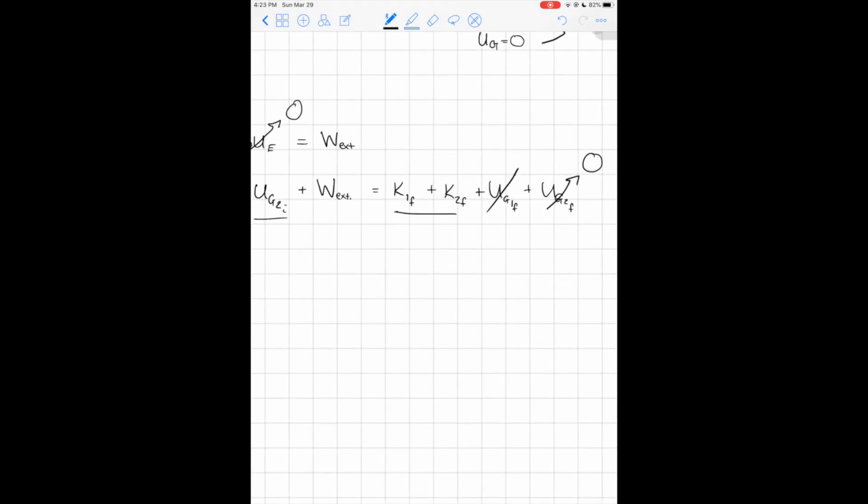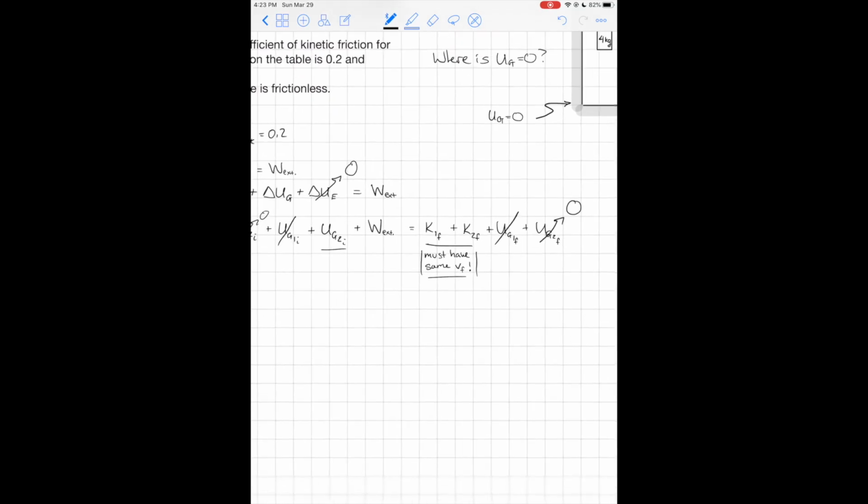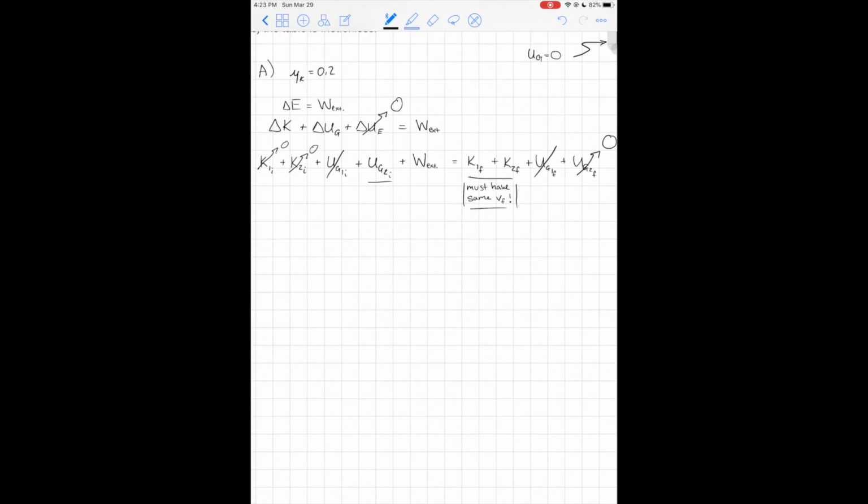They're part of the same system. They must have the same VF. That's really important for us to remember. So, what remains? Well, we have UG2I, that's M2GH.